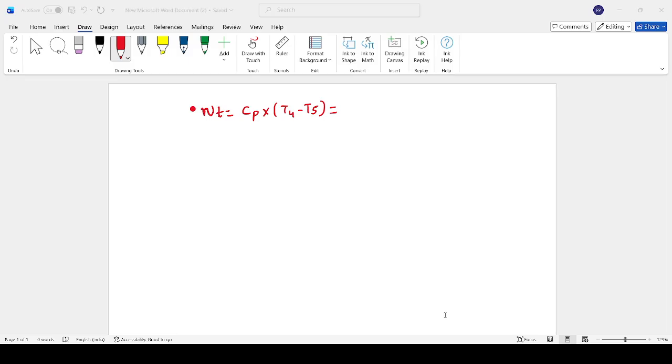So if I plug in all these numbers in this equation, I obtain the turbine work as 201.02 kilojoule per kg. So this is the turbine work. Once both of these works are obtained, turbine work and compressor work, then I can write down the W net, which was the first unknown.